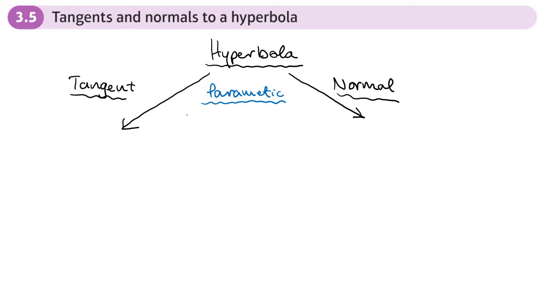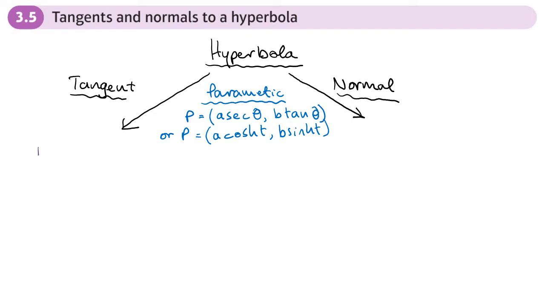Because a point or a general point on a hyperbola can be given in terms of sec and tan like this, or it can be given using a hyperbolic function, using cosh and sinh, it means that there are two ways in which we can either write the tangent or a normal. So let's start off with tangent, and we'll start off with a tangent using sec and tan.